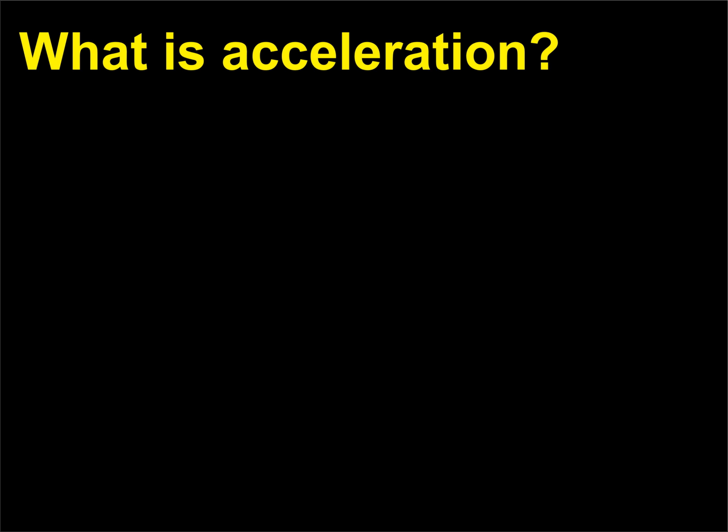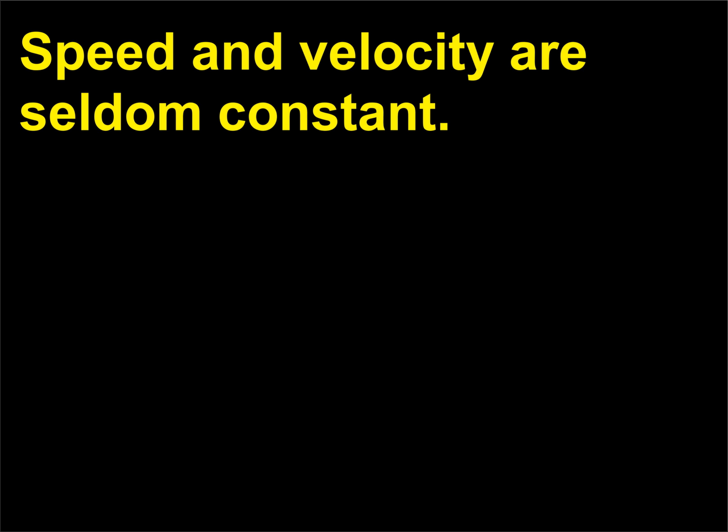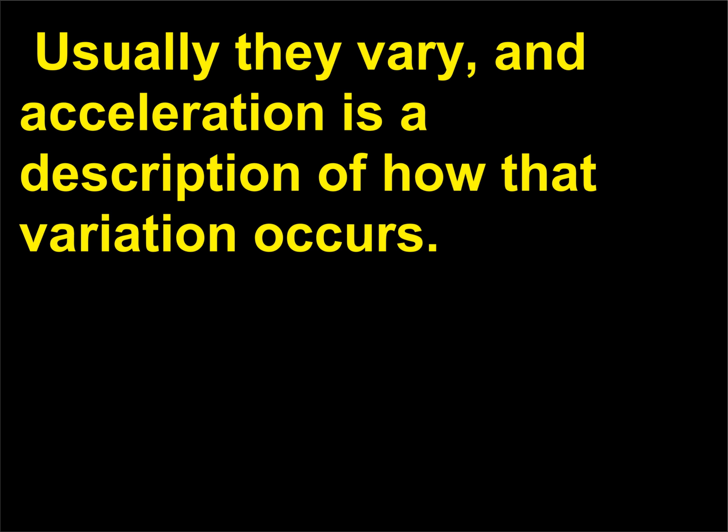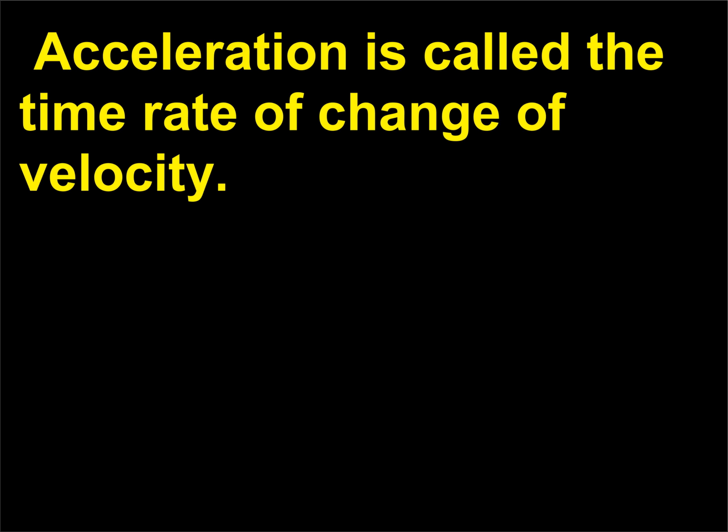What is acceleration? Speed and velocity are seldom constant. Usually they vary, and acceleration is a description of how that variation occurs. Acceleration is called the time rate of change of velocity.